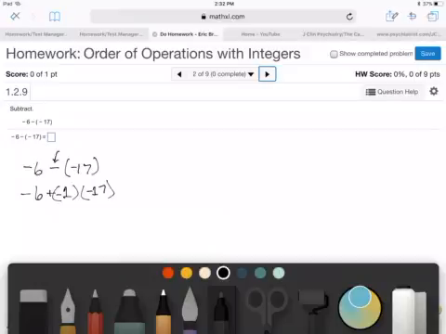I took the negative sign and brought the 1 out that's actually there. A positive number times a negative number gives us that negative sign again. So we have a negative 6 plus a negative 1 times a negative 17, and now we can just add them like normal. So 17 minus 6 is going to be 11.